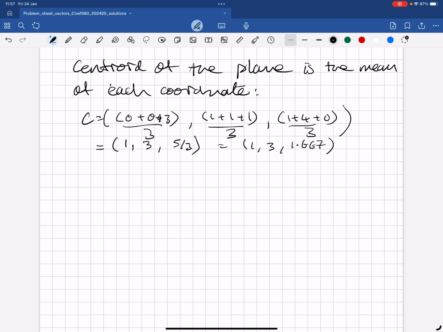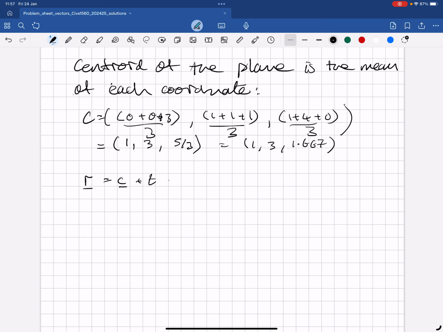And it's quite simple to write the equation of a line now, because we have the normal to the plane, which is a vector in the line. So r equals c plus t n, where t is a number, not a vector.